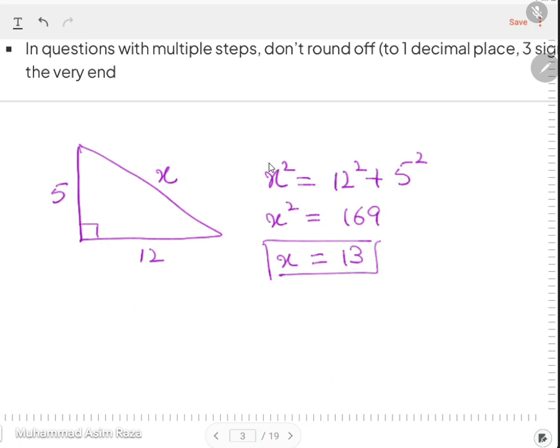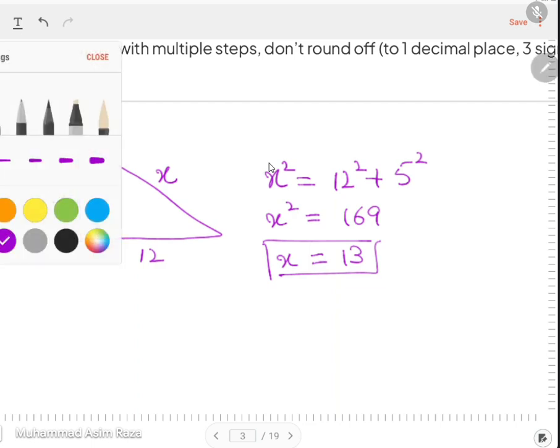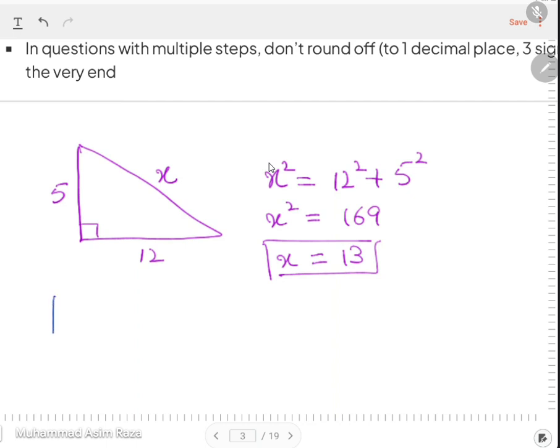Yeah. And sometimes the examiner can give us another thing like this, and the examiner can say that this is 10 and this is 6, and this is the side which is not known to us. What is that side? So we will do the same. We will say that hypotenuse square is equal to opposite square plus adjacent square.